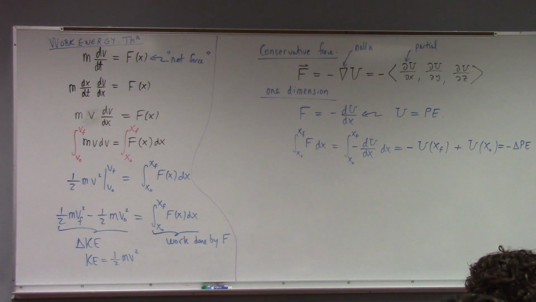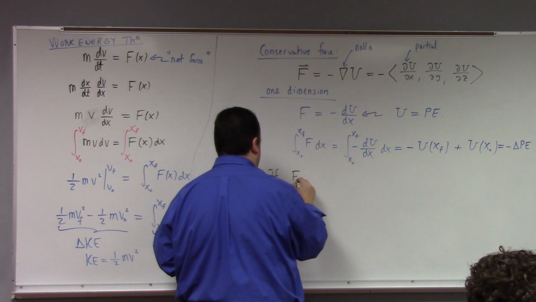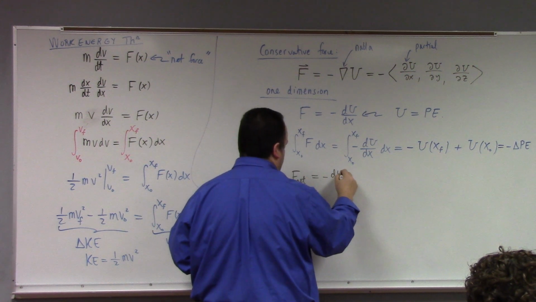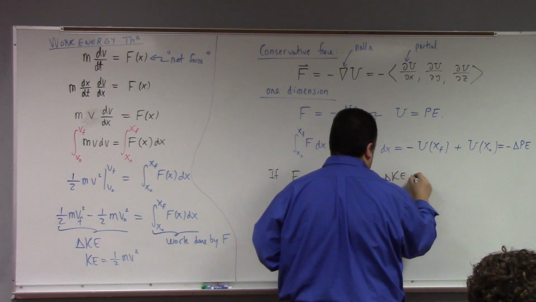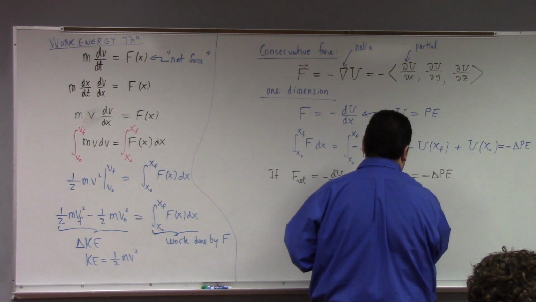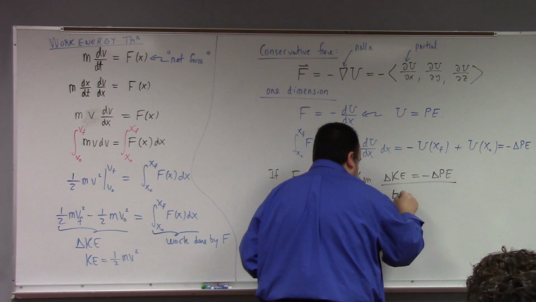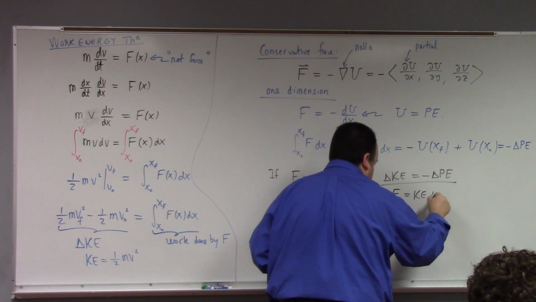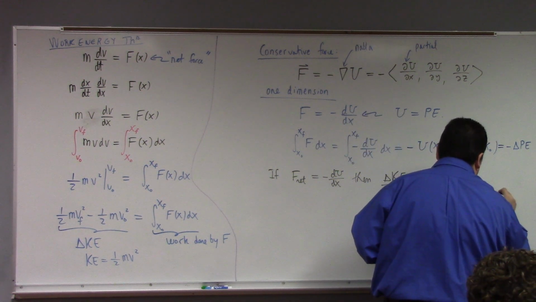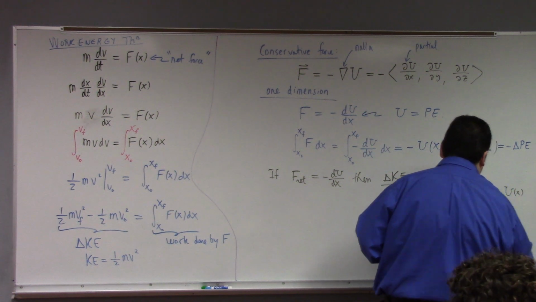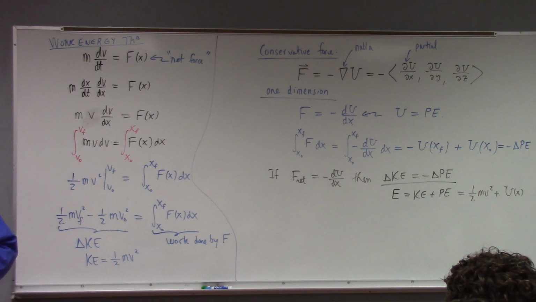If the net force is conservative, then we get the change in kinetic energy is equal to minus the change in potential energy, which you can rewrite as, if we define energy to be the kinetic energy plus the potential energy, which in this case would be 1/2 mv squared plus U, which is a function of x, right? That's the total mechanical energy here. Well, that quantity is conserved for the motion.